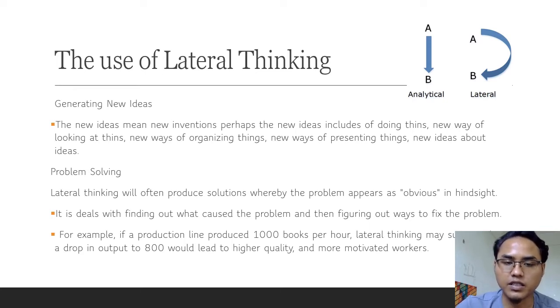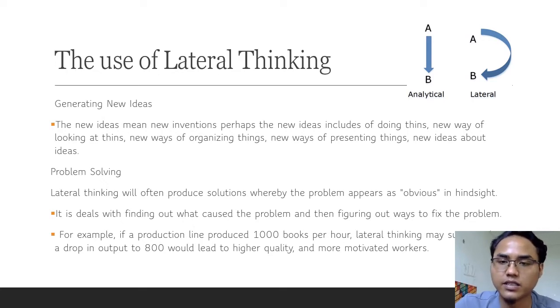For example, if the production line produces 1,000 books per hour, lateral thinking may say that dropping it to 800 would lead to higher quality and more motivated workers, because the total production will be lower, and the workers will have time to make the output become higher quality.